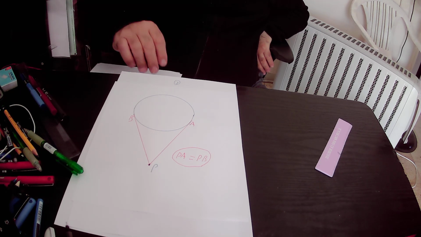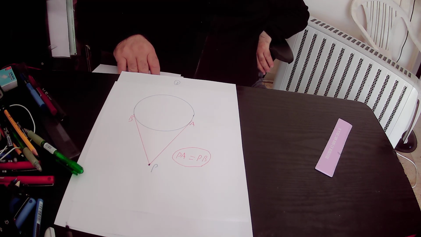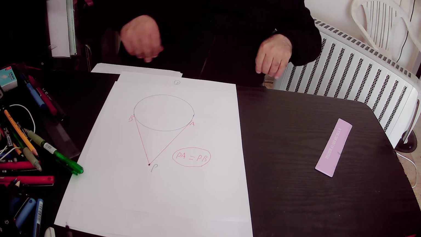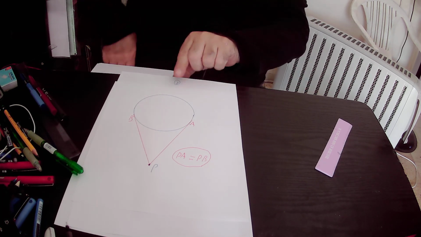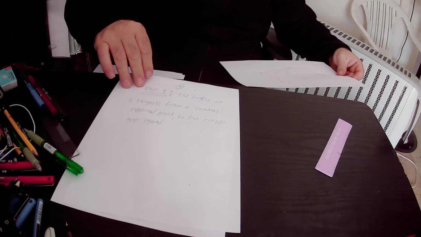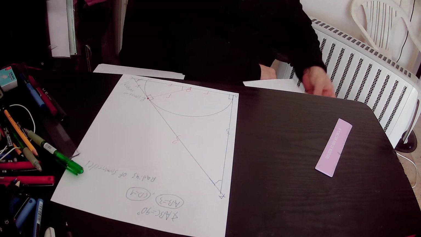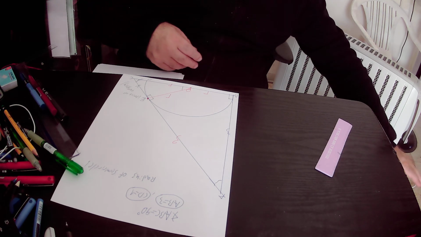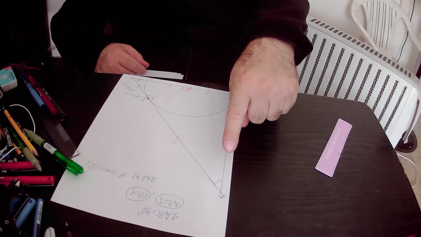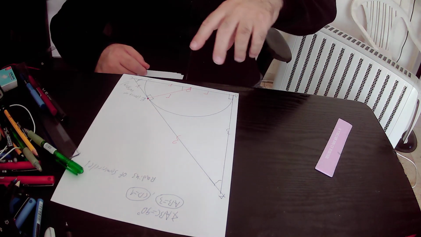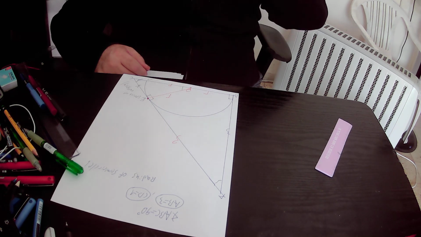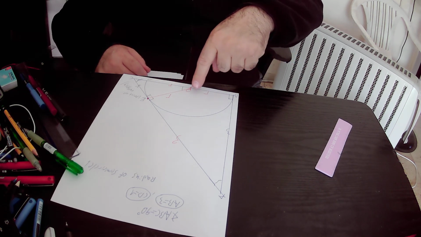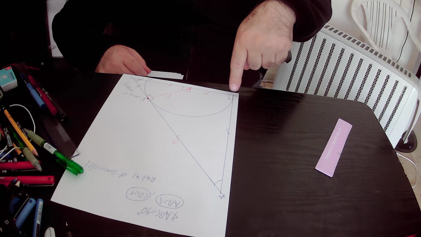Okay, so we can implement rule number 1 in our drawing, because in our drawing we have external point A. Point A is an external point in relation to this semicircle because it is not located inside the semicircle nor on the semicircle.